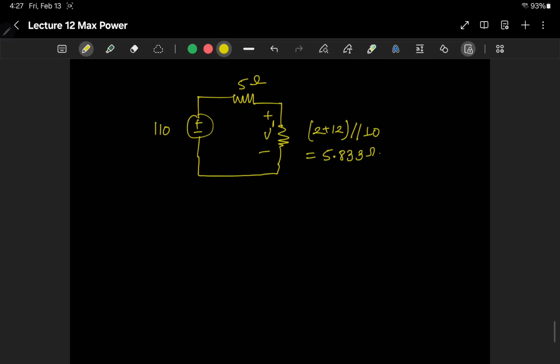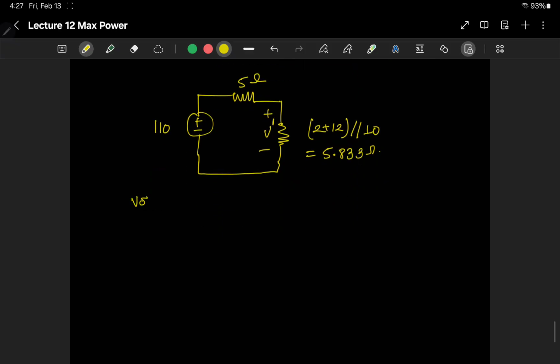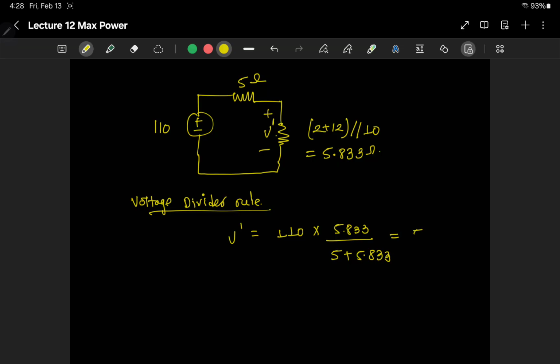And now if we use the voltage divider rule, we can calculate V dash as the source voltage, which is 110, times this resistance divided by the equivalent resistance, which is basically the series combination of these two, and that will give you 59.23 volt.